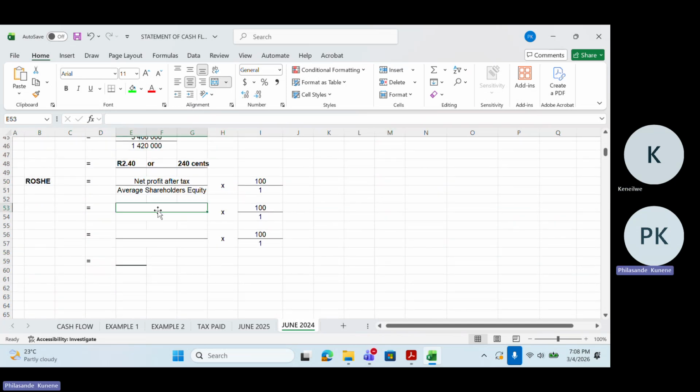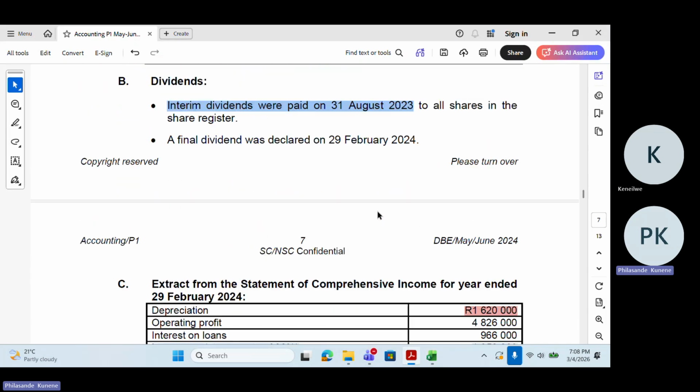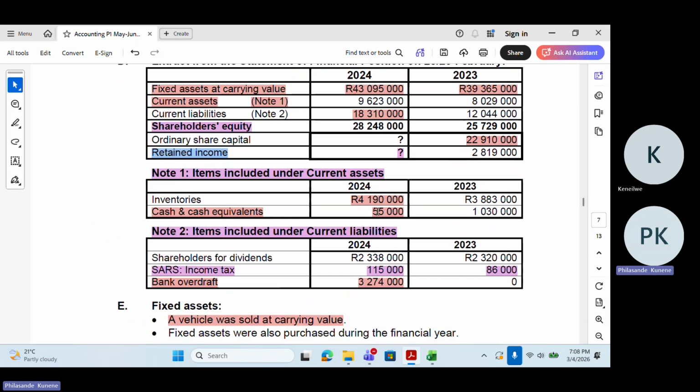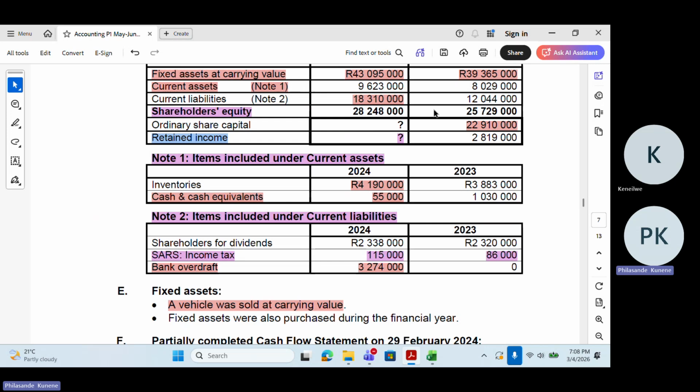So this is the amount that I'm going to record here. And then my average shareholders' equity. I'm going to calculate my average of the two amounts. Shareholders' equity, I have 28,248,000 plus the 25,729. Can you see that?